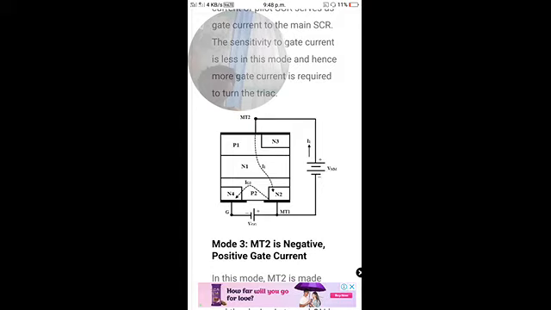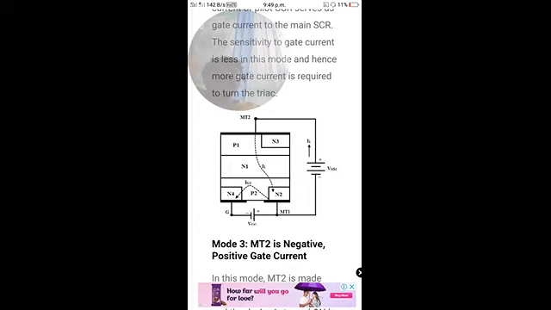Because of this gate current, the electrons will move towards P2. P2 is flooded with the electrons injected from N4, and these will move towards the junction J2.